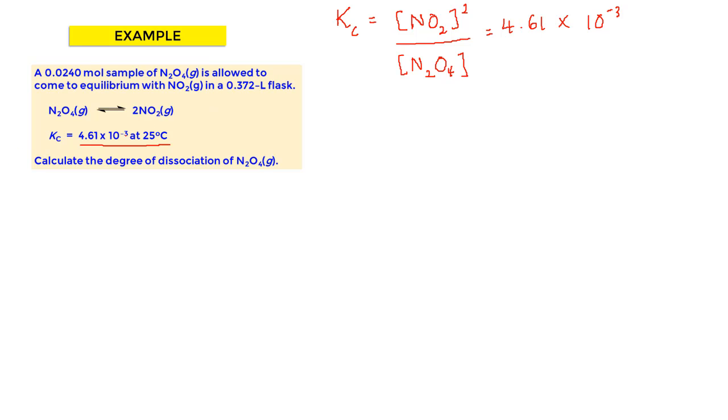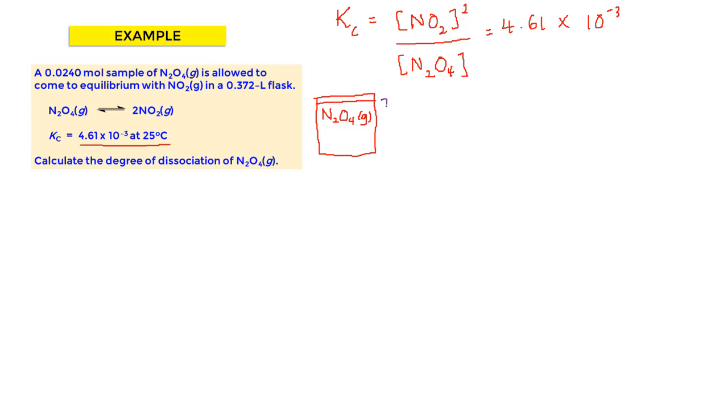Firstly, saya ada a closed vessel. But the reactant adalah gas kan? So apa saya buat? Firstly, saya masukkan N2O4 gas. Apa maklumat yang kita ada? Kita ada maklumat berkenaan the volume of the vessel.